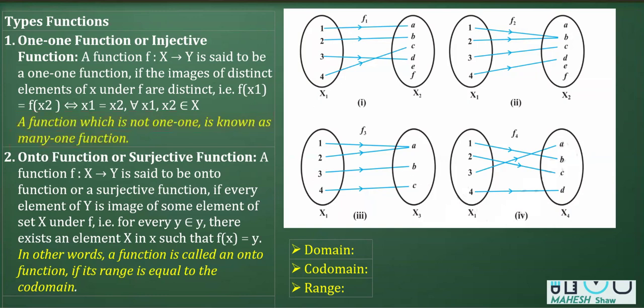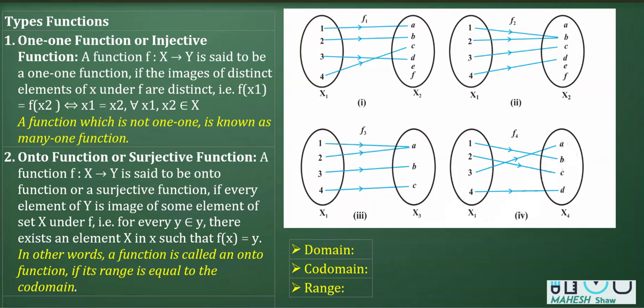Now to figure out whether the third case is a one-one function or not, clearly here also, the elements 1 and 2 in the domain have the same image, that is A, in the codomain. So again, it is many to one.